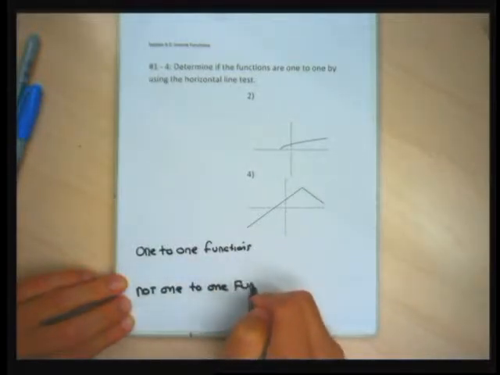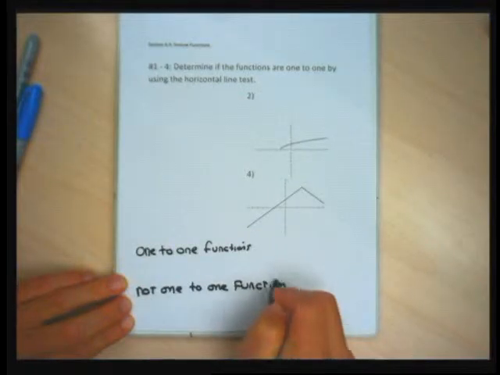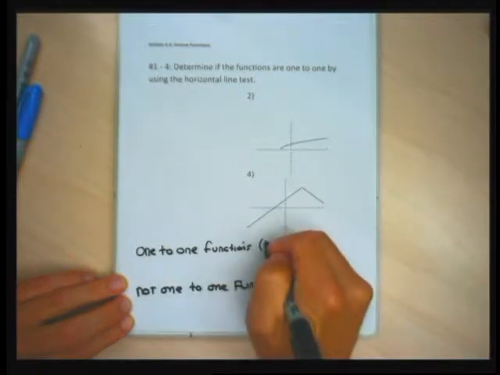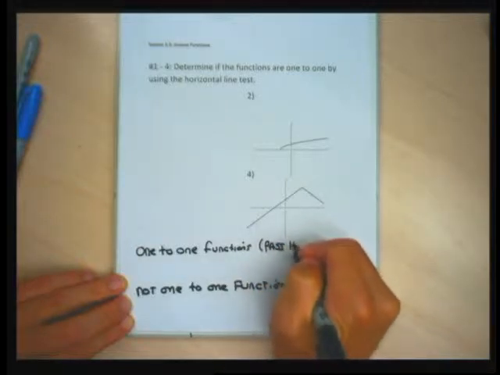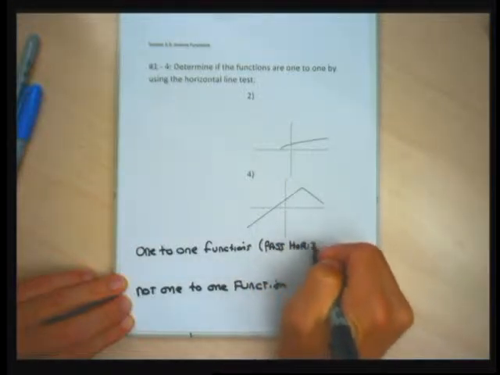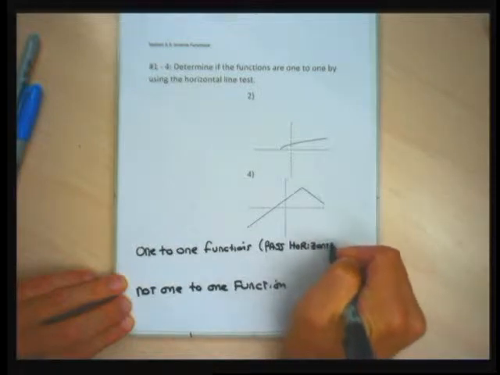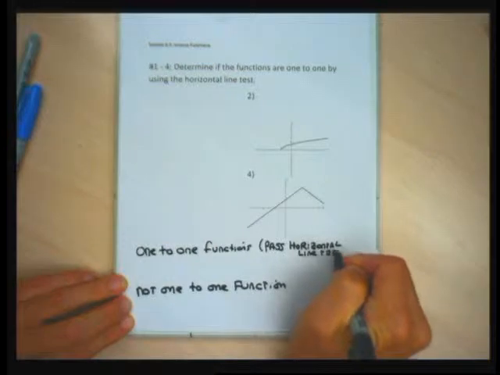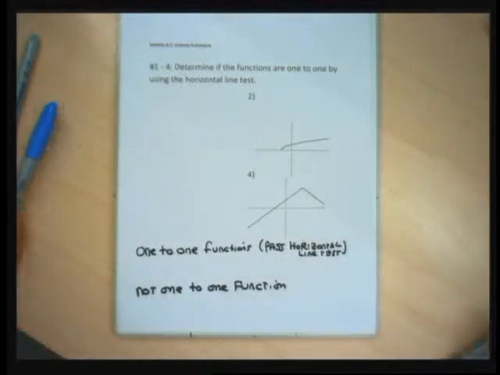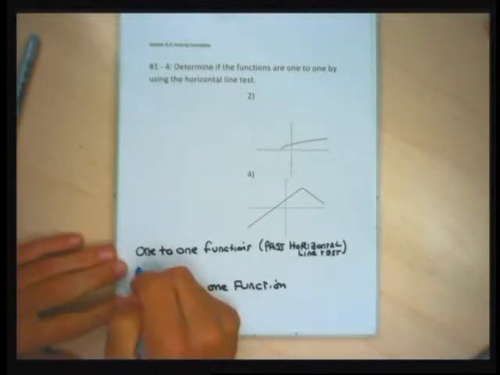To be a one-to-one function, you have to quote-unquote pass the vertical line test, horizontal line test. Meaning that it's impossible to draw a horizontal line to touch the graph in more than one place.